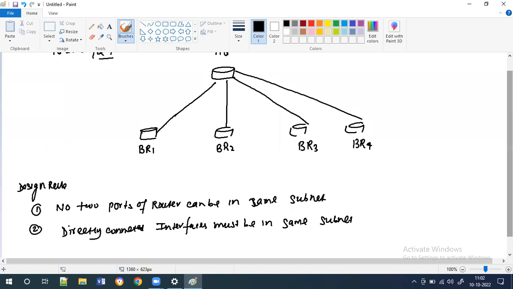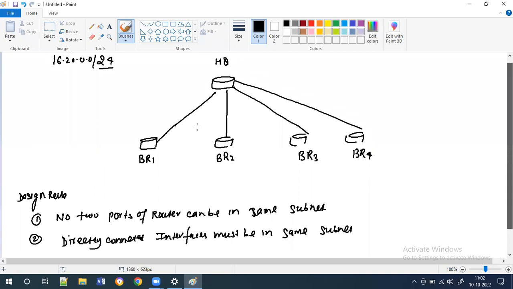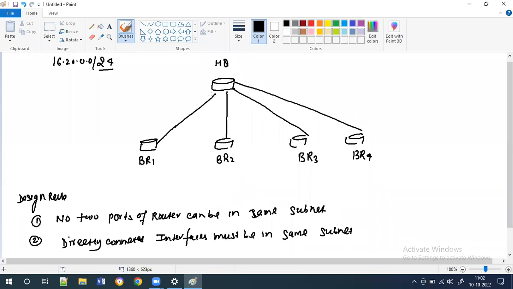Now, if you start assigning the IP addresses, let's suppose here I am assigning 16.20.0.1, then 16.20.0.2, then .3 here, .4, .5, .6, .7, and .8.